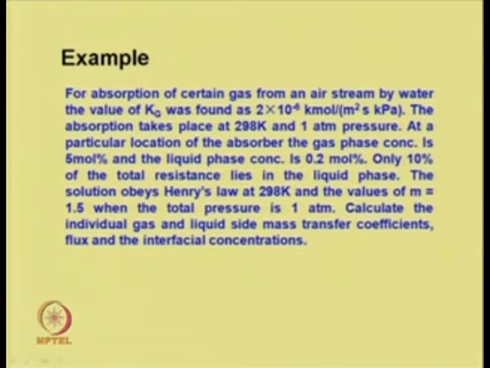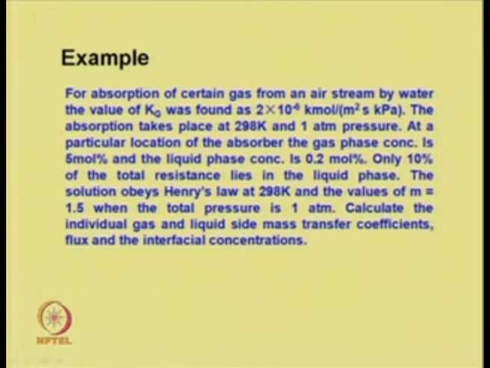For absorption of certain gas from an air stream by water, the value of K_g was found as 2 into 10 to the power minus 6 kilomole per meter square second kilopascal. The absorption takes place at 298 Kelvin and at 1 atmosphere pressure. At a particular location of the absorber, the gas phase concentration is 5 mole percent and the liquid phase concentration is 0.2 mole percent.